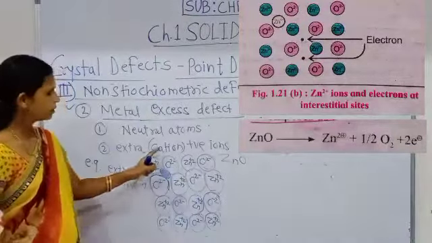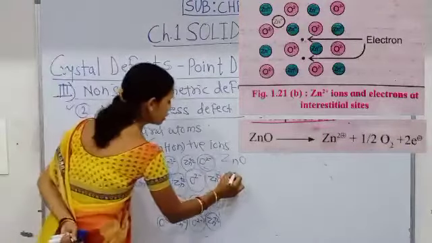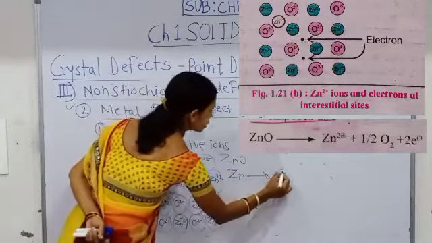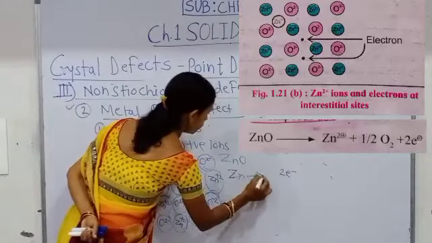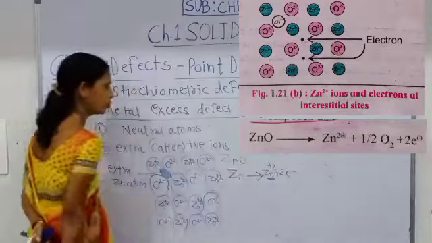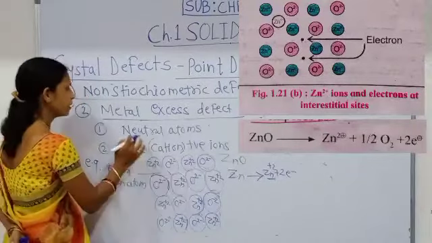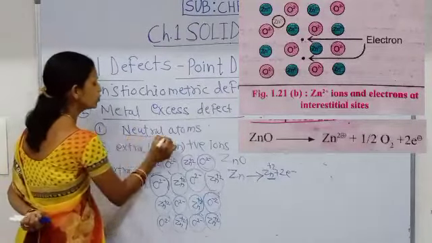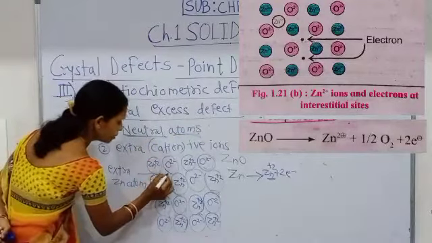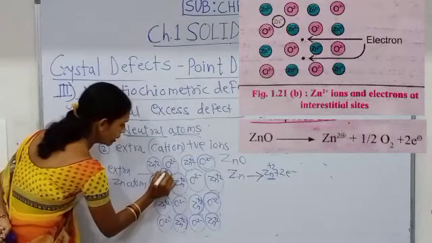But when this crystalline substance is heated, the zinc atom loses electrons and forms Zn2 plus ions. That means it is converted into Zn2 plus ions, so the metal excess defect which was produced due to the neutral zinc atom now has the zinc atom converted into Zn2 plus ion.